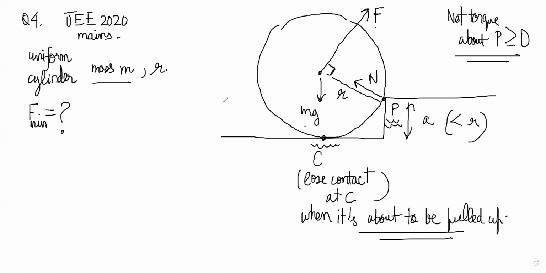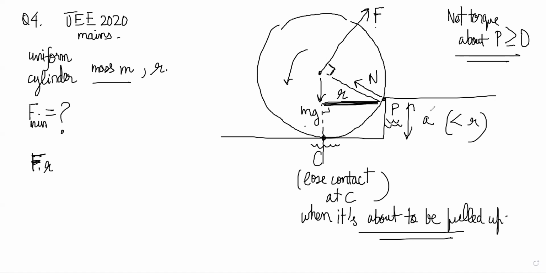So the torque about point P, if you calculate, the torque of the force F is going to be F times R, and the torque of the normal force is 0. We just have to calculate the torque of mg, right? The torque of mg would be basically mg times this distance, and that would be anti-clockwise torque. So this perpendicular distance we have to find.